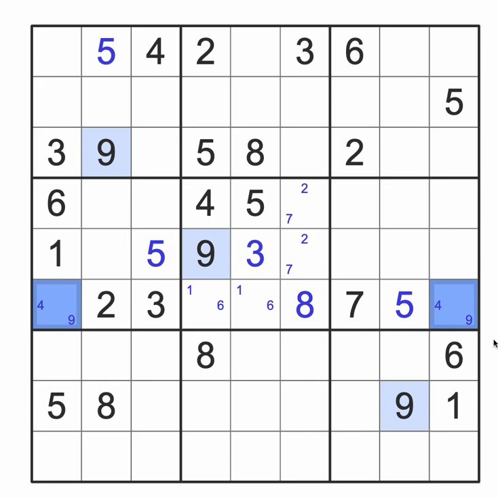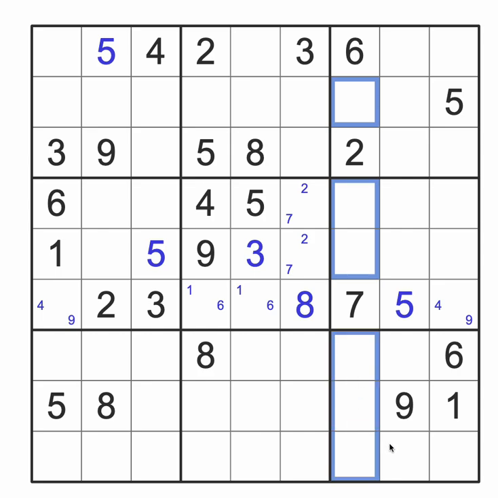Okay, let's move on. Okay, now looking at column 7, there are only 2 cells where I can place 1 or 9.